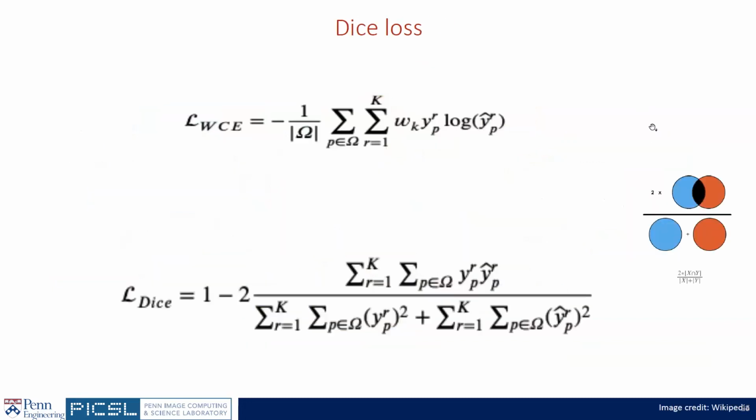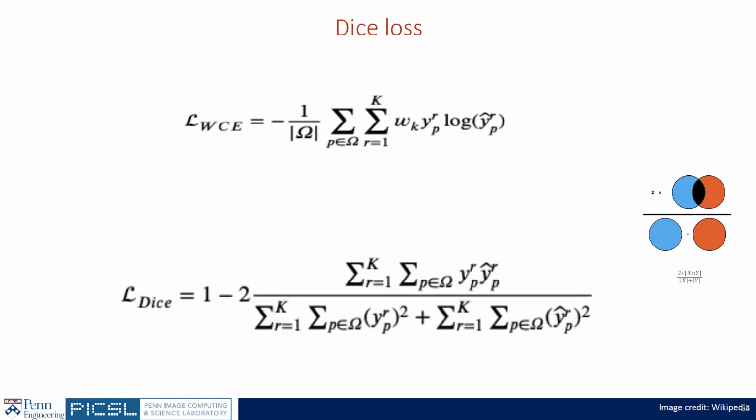A couple of losses that I want to show you the formula for: the dice loss and the cross entropy loss. Just to focus attention, this is the weighted cross entropy loss. What it basically does is, for every pixel or voxel location in an image, for every label from 1 through k, your k classes, you take a dot product between the log of your predicted output and the actual value of that particular pixel.